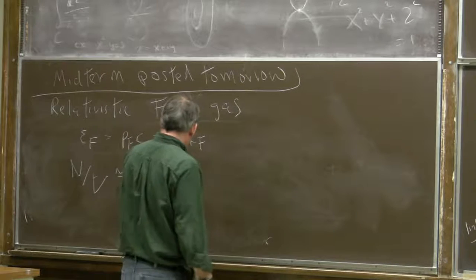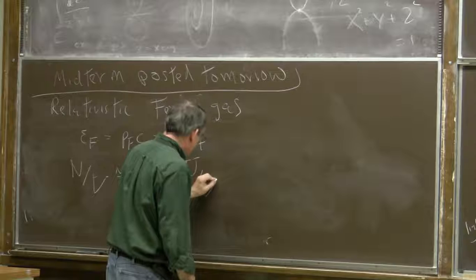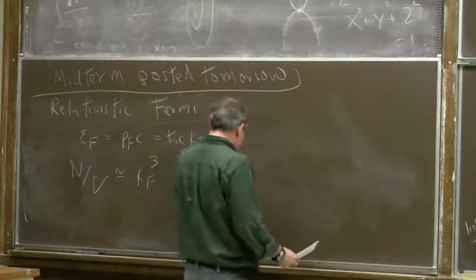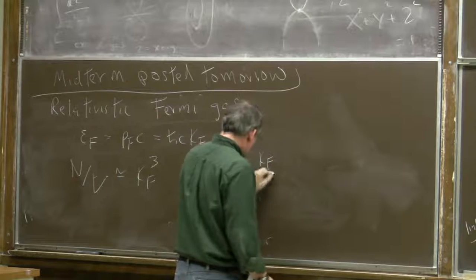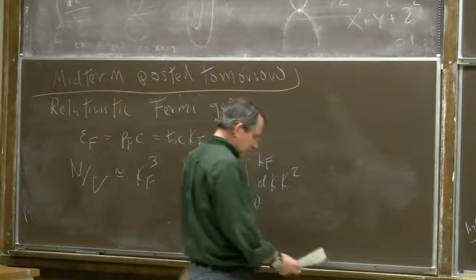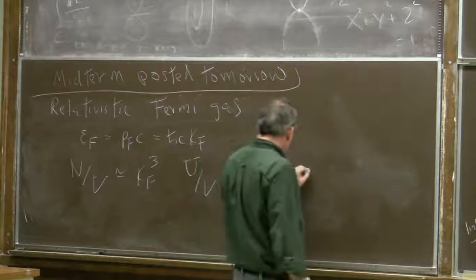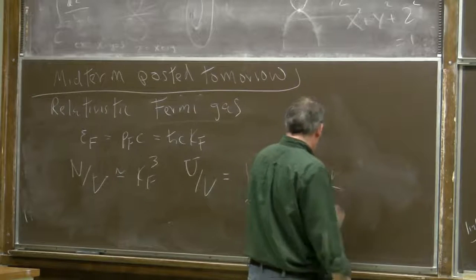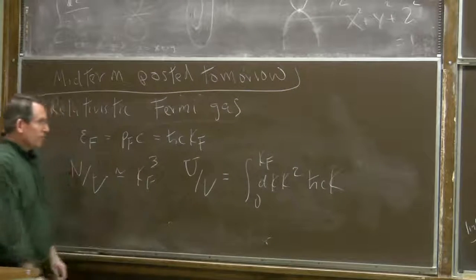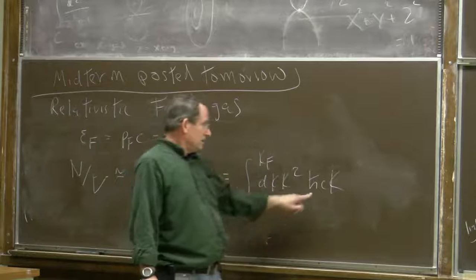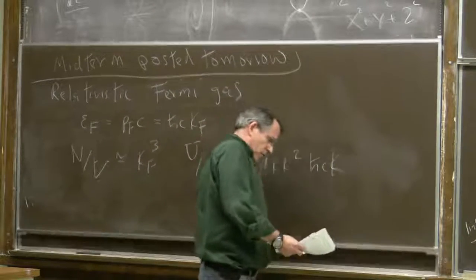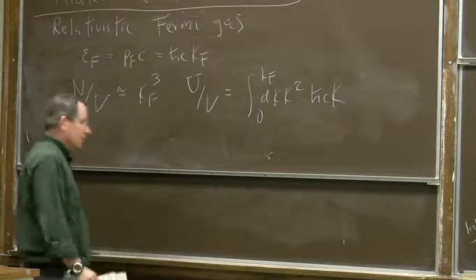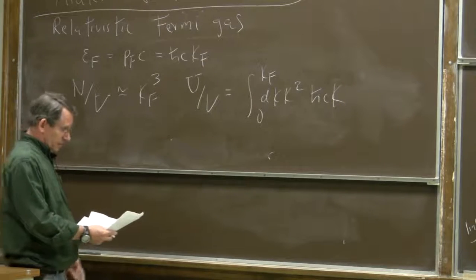And for the energy per unit volume, I can integrate up to k Fermi dk k squared, and I'm not keeping the 4 pi squared. But then the energy when the wave number is k will now be h bar ck instead of h bar squared k squared over 2m, because it's a relativistic particle, not a non-relativistic particle.